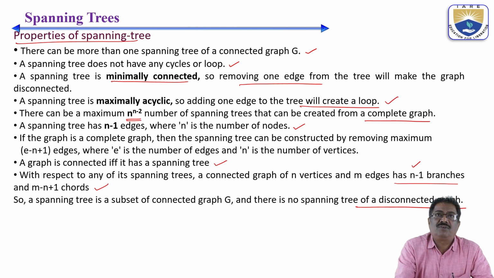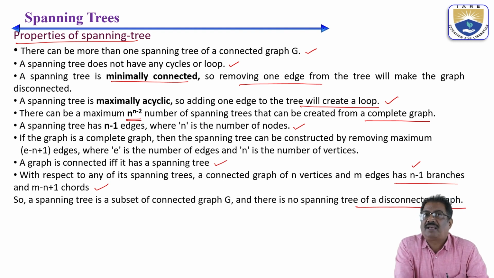There can be more than one spanning tree, and a spanning tree does not have any cycle. A spanning tree is minimally connected, because if you remove any one edge from the tree, then the graph is going to be disconnected. A spanning tree is maximally acyclic, meaning if you add any one edge, then definitely it will create a loop.